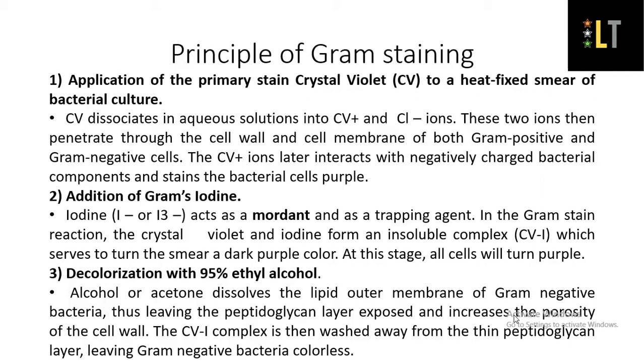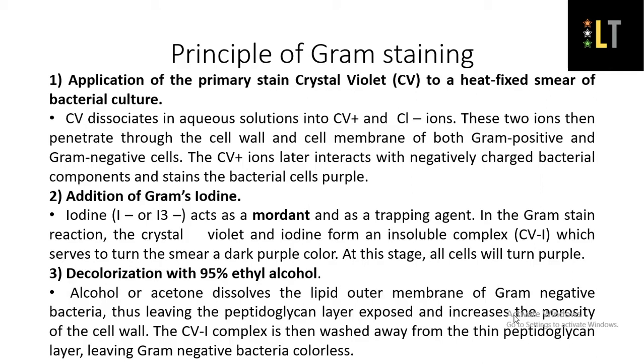The next step is addition of gram iodine solution. Here iodine, that is I- or I3-, acts as a mordant and as a trapping agent. A mordant is a substance that increases the affinity of the cell wall for a stain by binding to the primary stain, thus forming an insoluble complex which gets trapped in the cell wall.